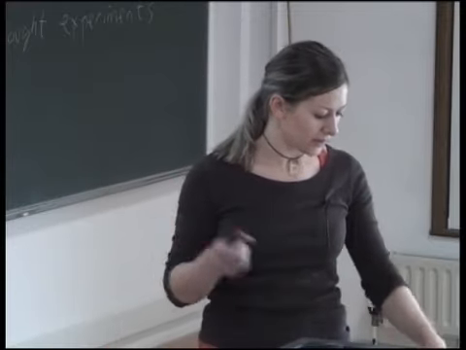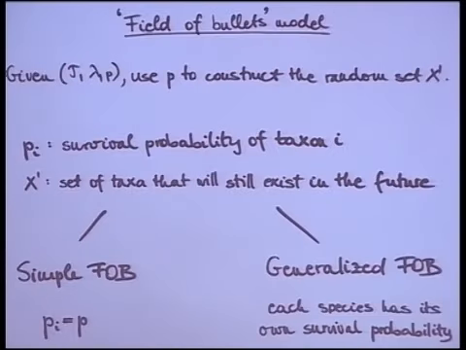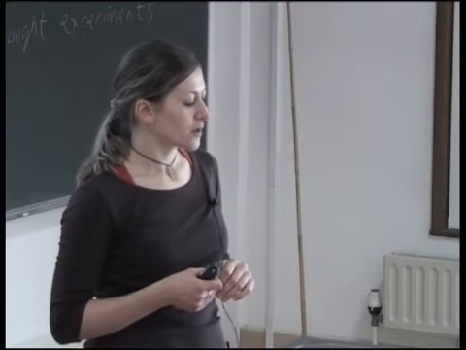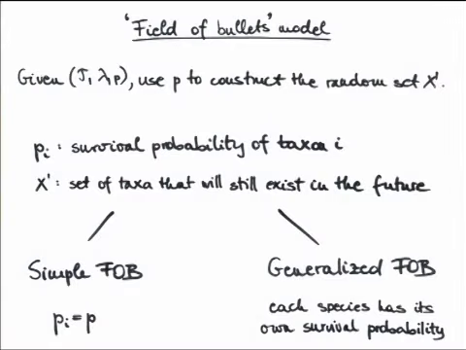Okay, and these edges are indicated by the colored edges in the figure. In the field of bullets model, we have a map P that assigns to the taxon i a survivor probability Pi. We construct a random subset X prime by assigning each element of X to X prime independently with its survivor probability. For example, the taxon i will be an element in X prime with probability Pi.